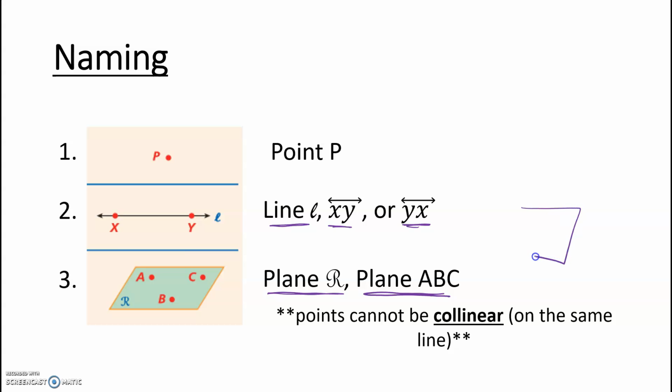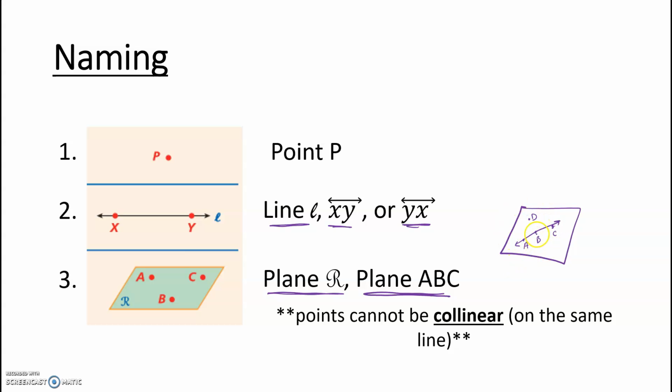If you had a plane, we're just going to name some points here. We're going to call this A, B, and C. Then we're going to put some random point over here, D. There's a lot of different ways you can name this plane.